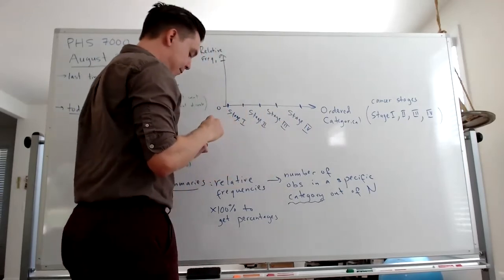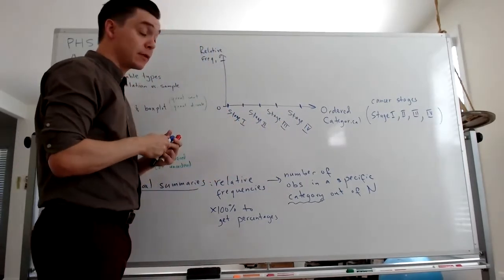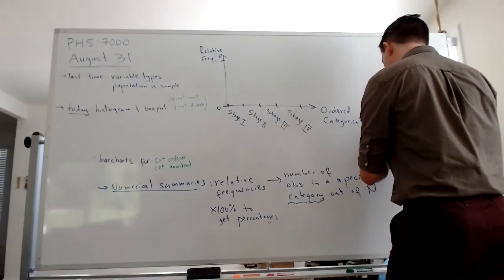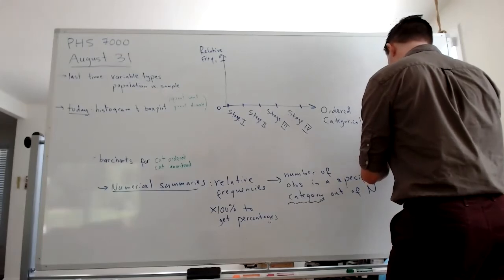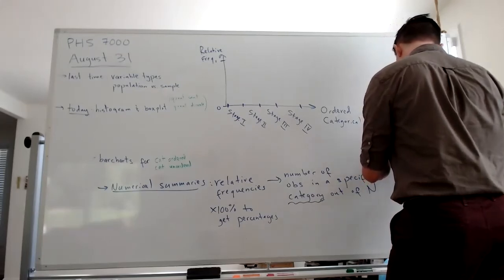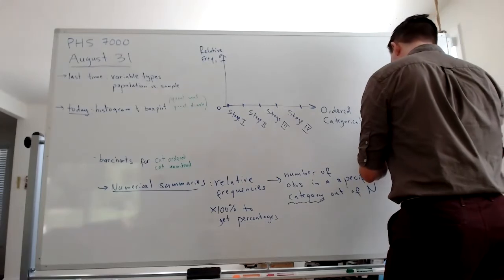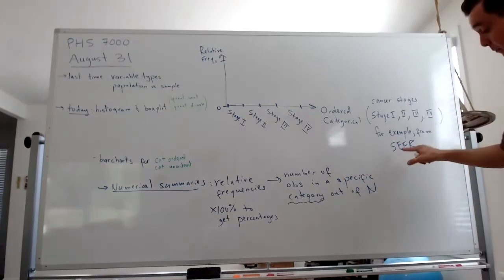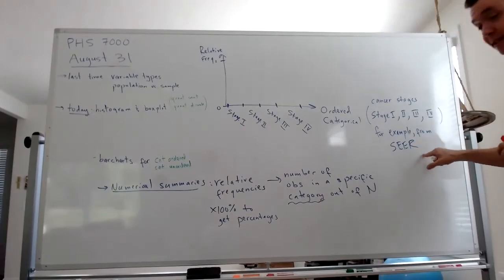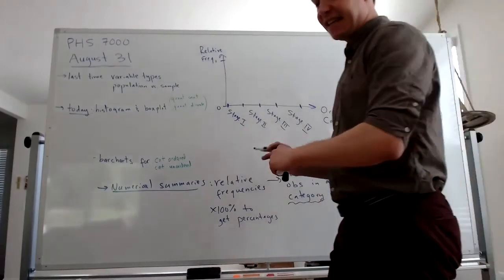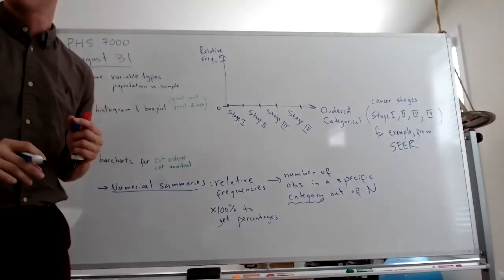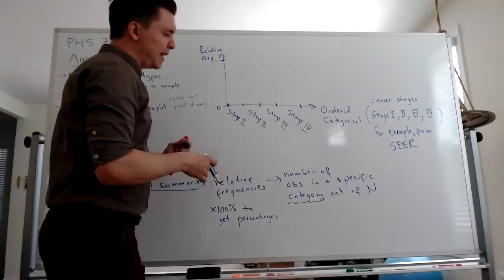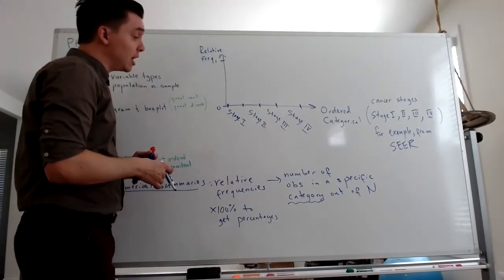And maybe I'm pulling data from SEER, for example, from a SEER database, which stands for Surveillance, Epidemiology, and End Results Program of the United States. It's a series of data collected in cancer registries from all over the country. I think they've recently increased the number of registries to 21.